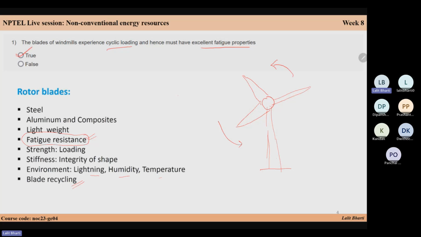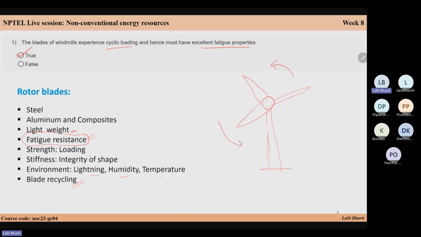These are a few properties of rotor blades. They can be made of steel, but steel is heavy compared to other composites or aluminum. So they are also made of aluminum in composites. It should be lightweight, and it should have fatigue resistant properties.